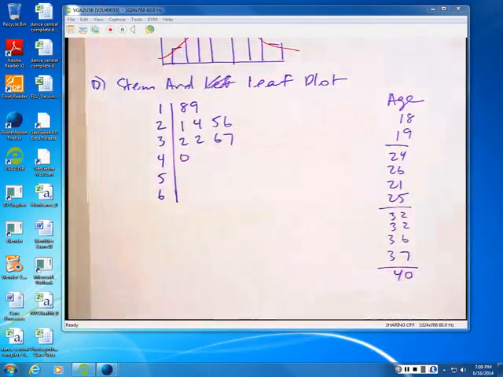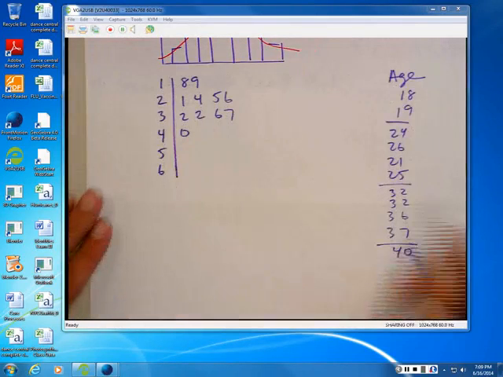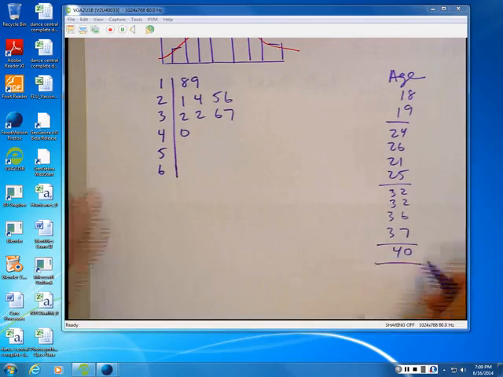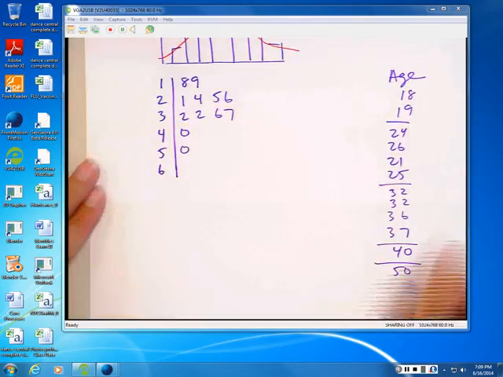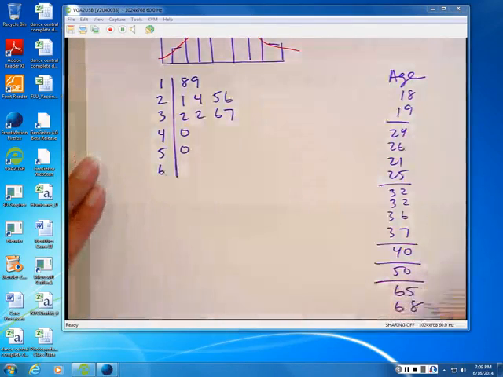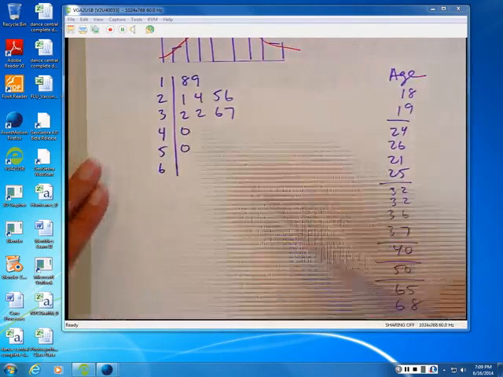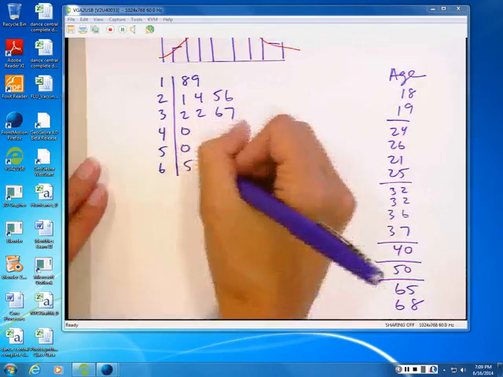I do include the 0 because that is an age. For the 50s, I've got 50, so a 0 there. And then for the 60s, I had 65 and 68, so I've got 5 and 8.